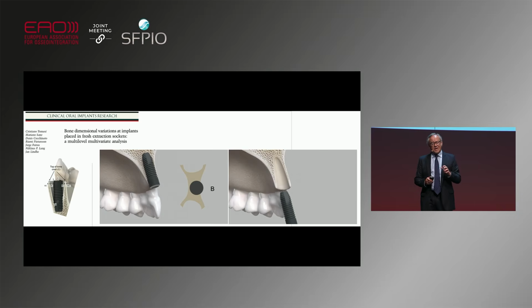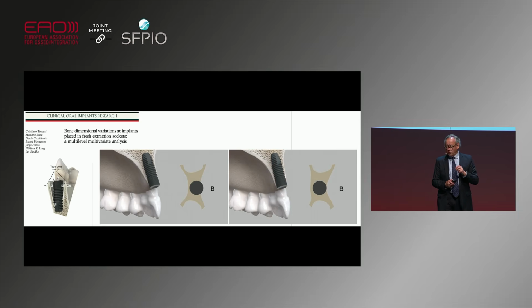And if I do exactly the same in the same site with a very thin buccal bone plate, but I place my implant palatally, allowing a gap between the implant and the bone, of course I'm going to get important dimensional changes. Of course I'm going to lose most of the buccal bone dimension, but I will lose way less vertical bone dimension.